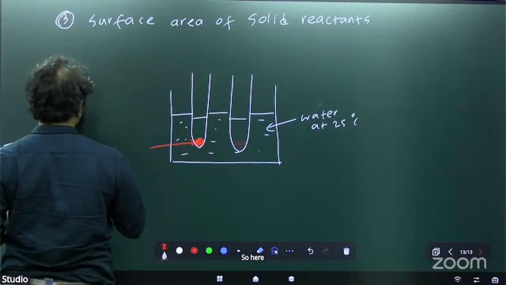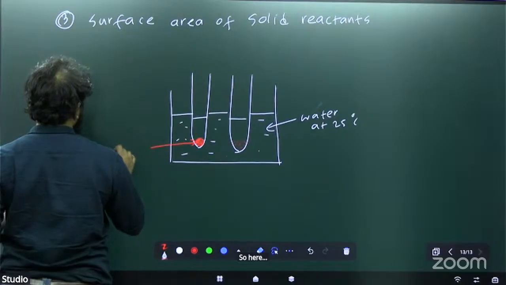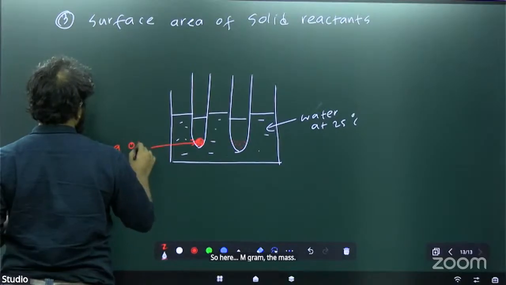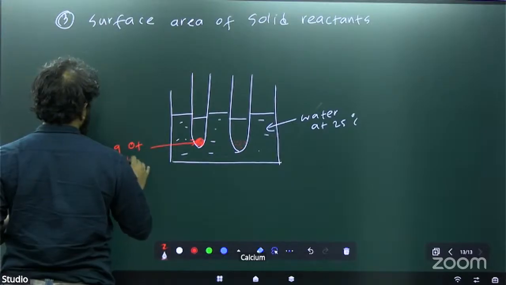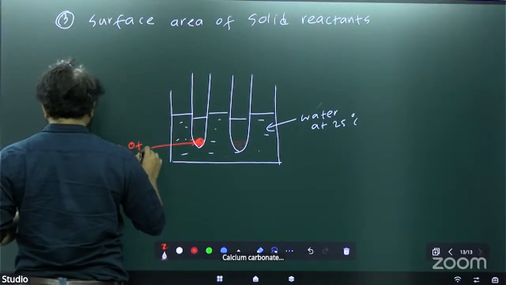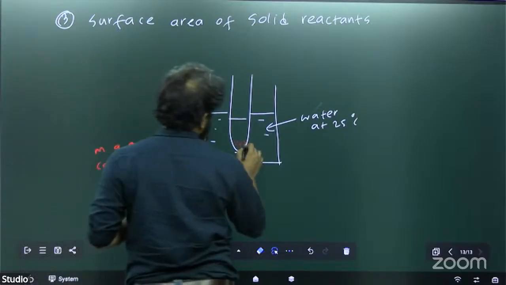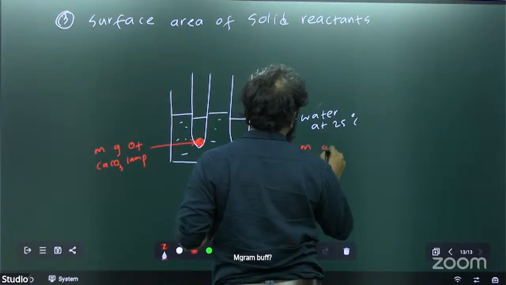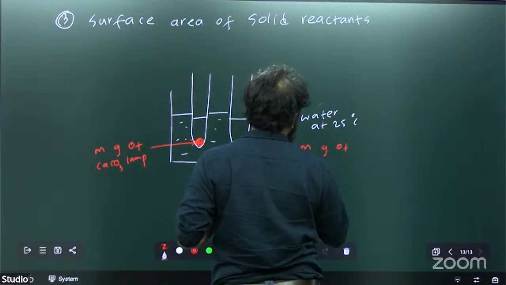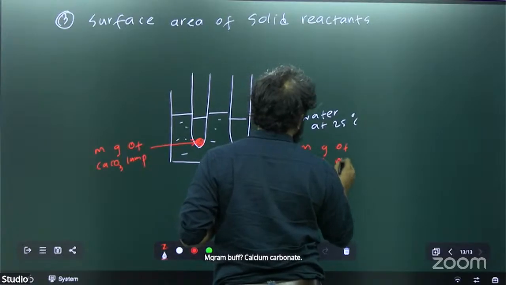So here m gram is a mass: m gram of calcium carbonate lump, another one m gram of calcium carbonate powder dust.